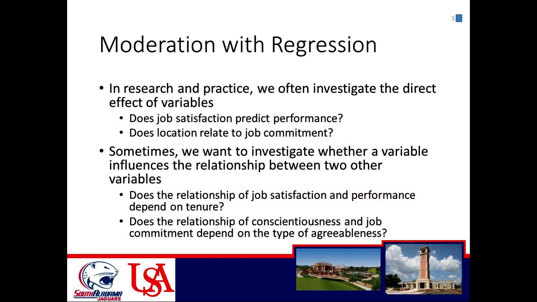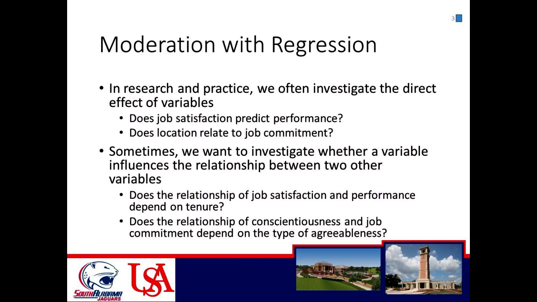Also, another question we could ask that's in this same domain is, does the relationship of conscientiousness and job commitment depend on the type of agreeableness or the level of agreeableness? So if you're really agreeable, if you're an easygoing person, maybe conscientiousness has a strong relationship with job commitment. But if you're not agreeable, if you're a grumpy person who's disruptive, maybe conscientiousness and job commitment has a weak relationship.